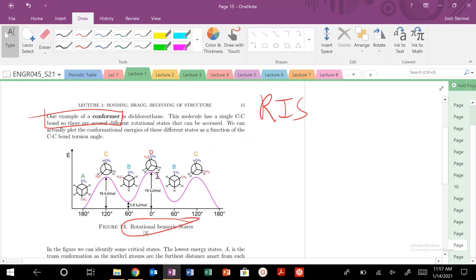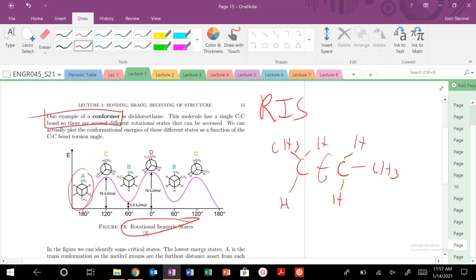Here we're showing a rotation. We're looking at a polymer like this: C, C, and then we have CH3, H, H, let's just do CH3, H, and H. So we could rotate around this single bond, and you could see these energy states, right?